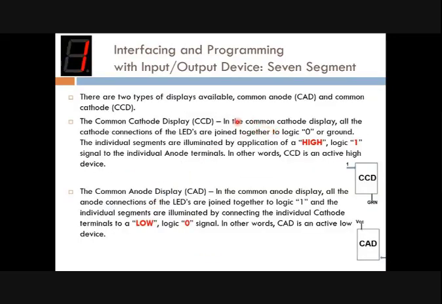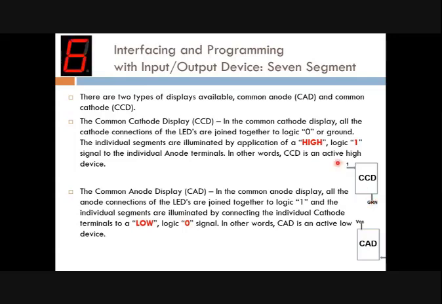For CCD, the cathode connections of the LEDs are joined together to a logic 0 or ground. Like this one, the common, they connect it together, and this one can be joined together to 0 or ground.